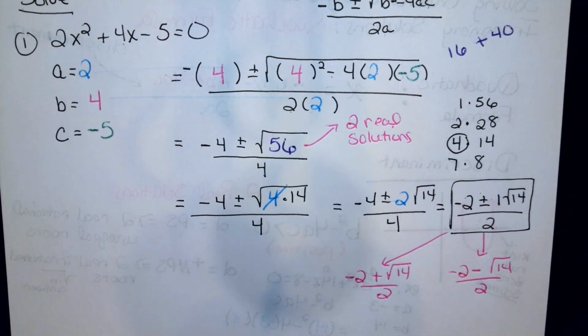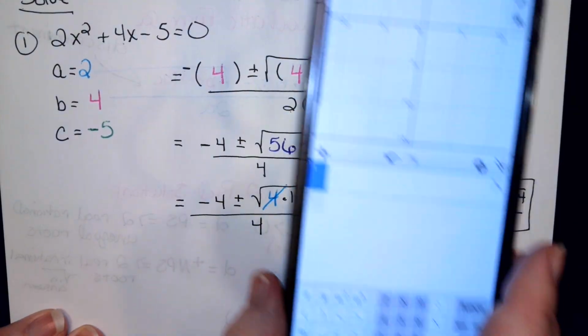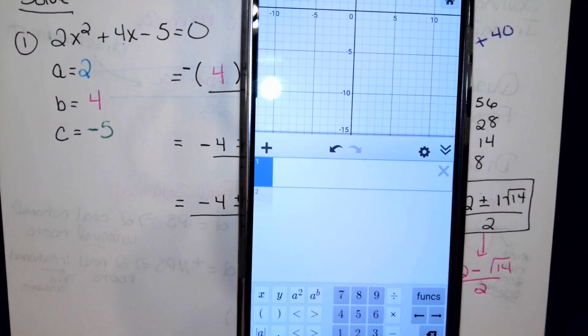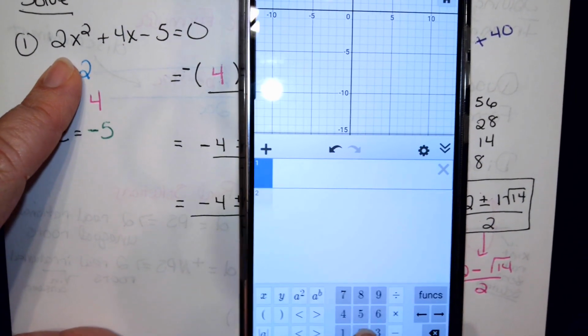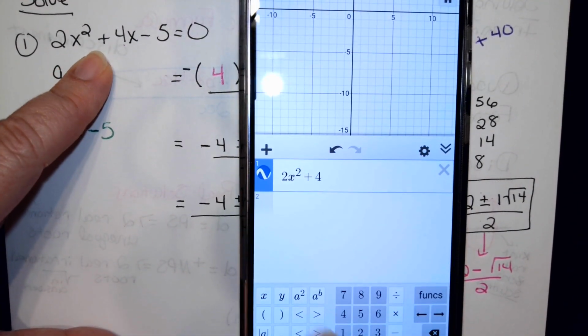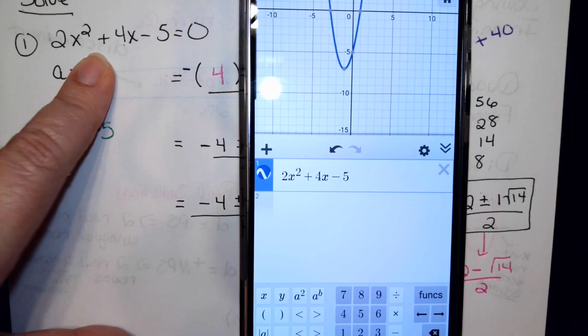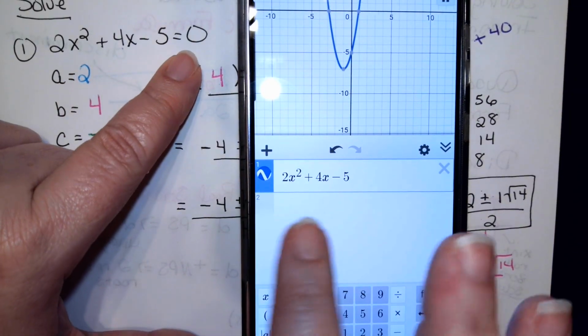So let's look at what this would look like in Desmos. We know we do left side, right side. So we're going to say 2x squared plus 4x minus 5. And then our right side is 0.